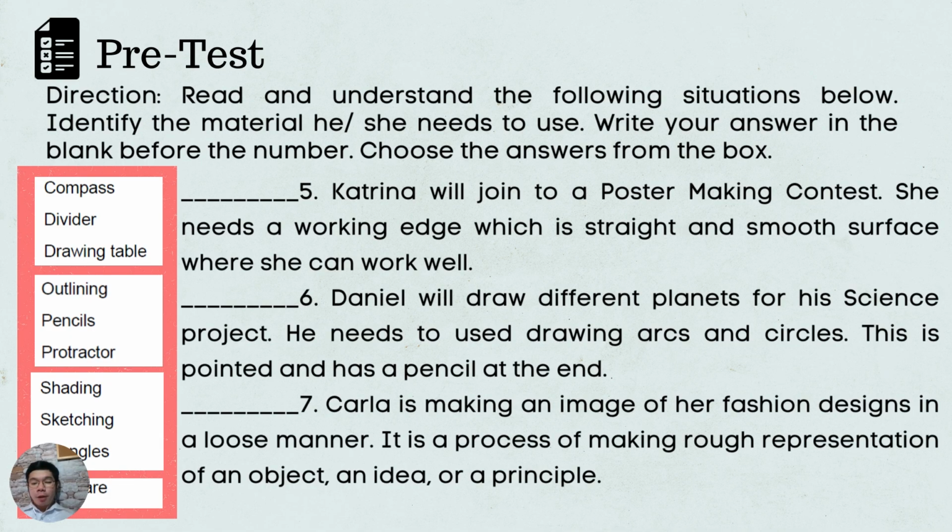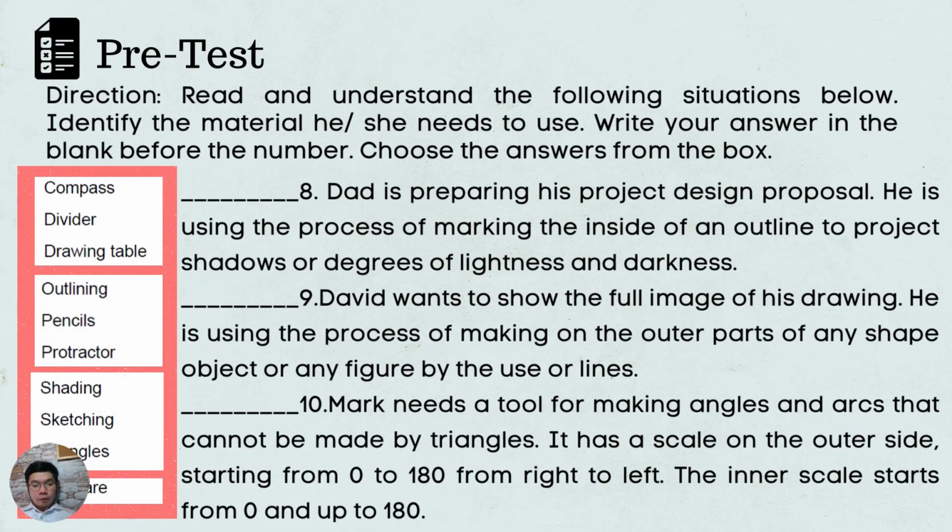It is a process of making a rough representation of an object, an idea, or a principle. 8. Dad is preparing his project design proposal. He is using the process of marking the inside of an outline to project shadows or degrees of lightness and darkness.